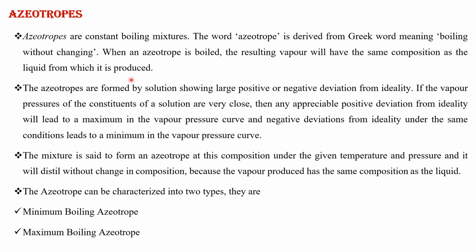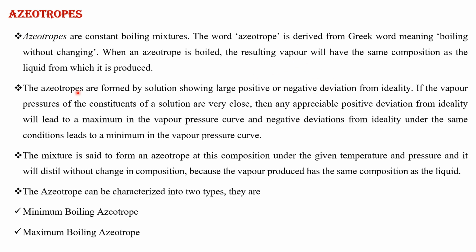As I said before, the liquid boils without changing in composition. This is known as azeotropes. And then azeotropes are formed by two types, which are large positive deviation and negative deviation from ideal behavior. This is non-ideal solution.